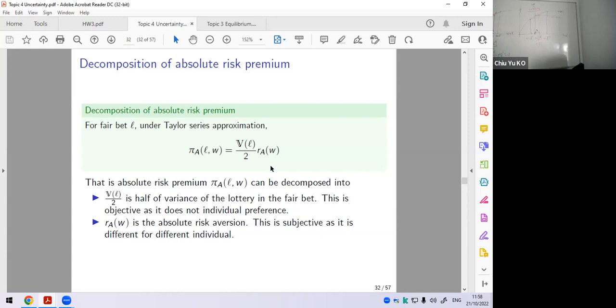So this is purely, at this level of wealth, how risky I am. I don't need to know the lottery. So at this particular point, how risky I am and how fair it is depends on this one. So that's Taylor series approximation. Okay, so that is only the first order.